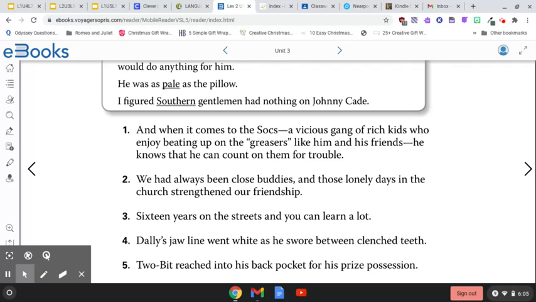Do we know anything about what kind of kids? Underline rich. Do we know anything about any of the other naming words or nouns in the sentence? Now I want you to identify the adjectives in the remaining sentences. We will go over the answers together.